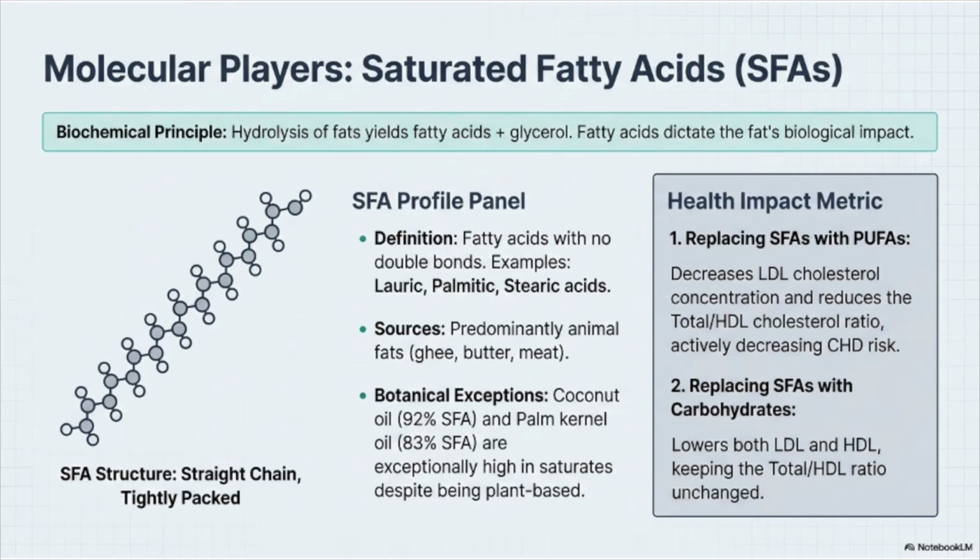Coconut oil at 92% saturated fat and palm kernel oil at 83% saturated fat are exceptionally high in saturates despite being plant based. In terms of health impact, replacing saturated fatty acids with polyunsaturated fatty acids decreases LDL cholesterol concentration and reduces the total to HDL cholesterol ratio, actively decreasing coronary heart disease risk.